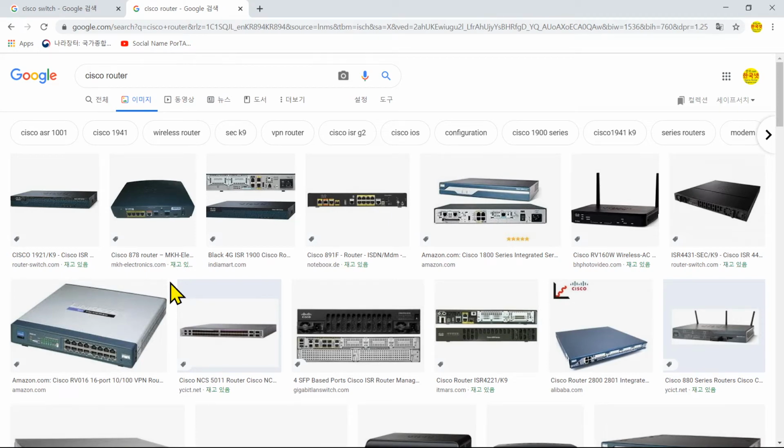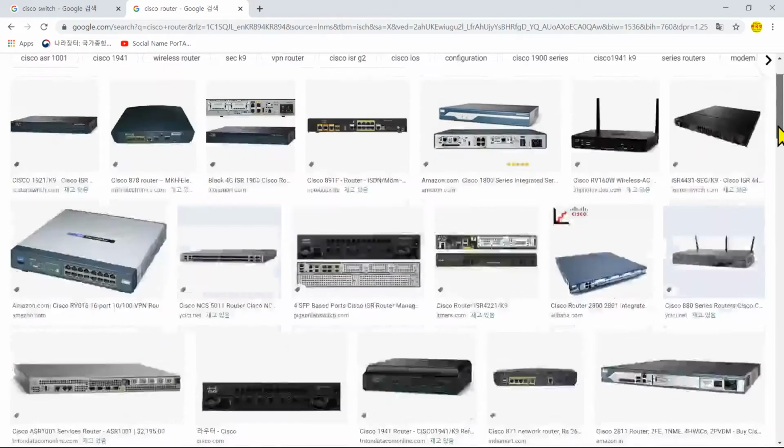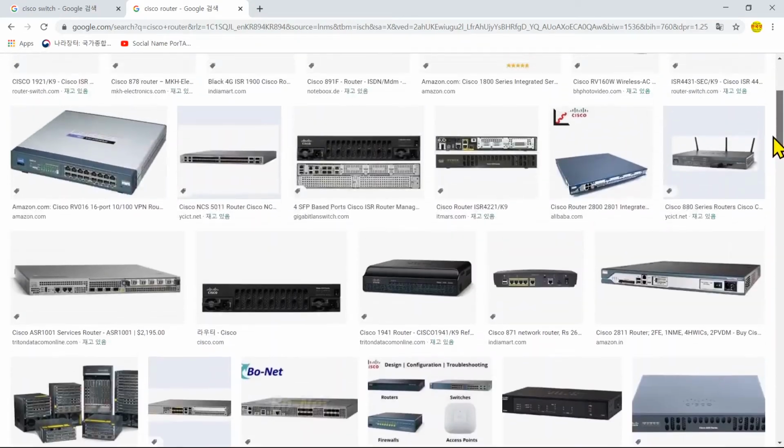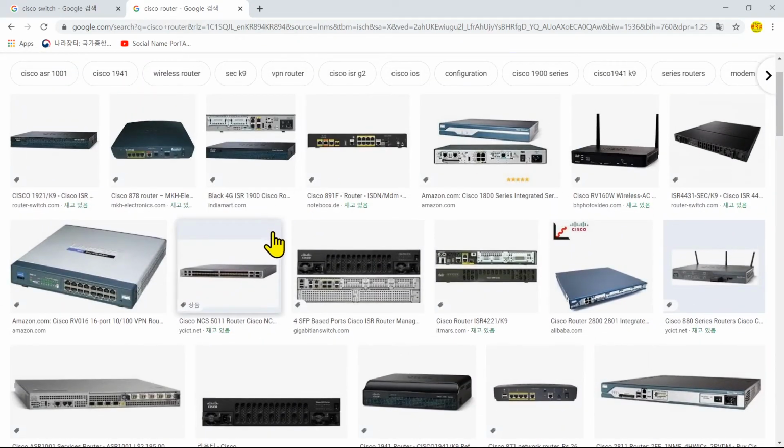And there are many different kinds in terms of capability, functionality, speed, and also price. Those are different. There are many different kinds of router equipment, and those are manufactured by Cisco, and Cisco is one of the major router manufacturing companies.